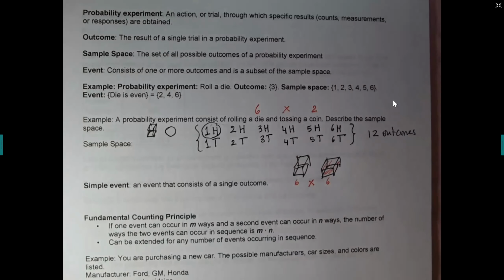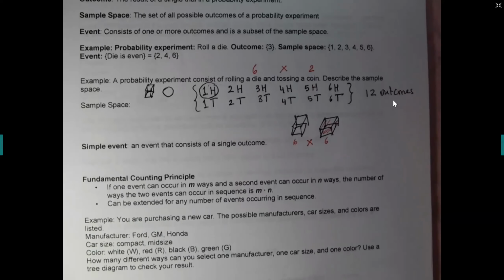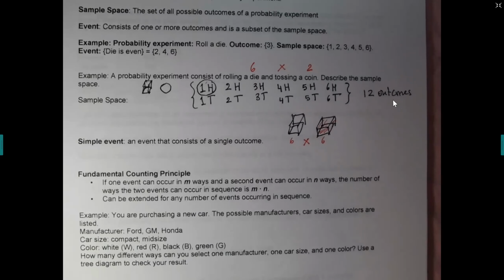So here is what I'm talking about, guys. If one event can occur in m ways, and a second event can occur in n ways, the two events together can occur in m times n ways. No addition, guys. It's multiplication. You just multiply. And let's give you an example on this.